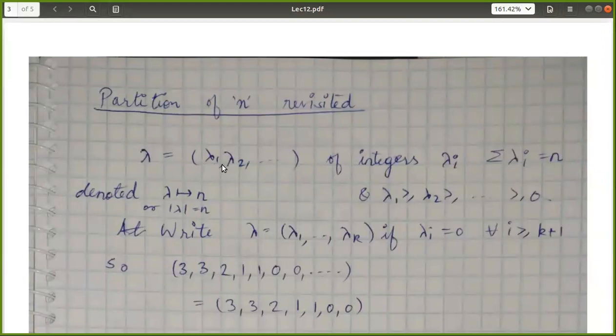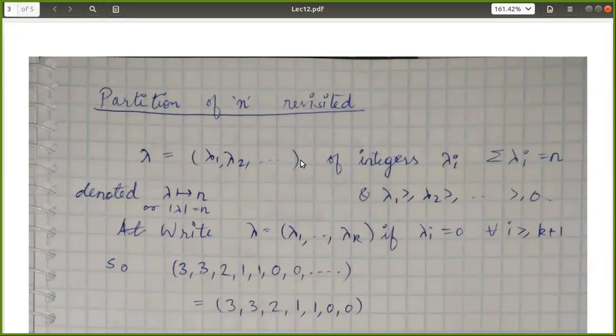It cannot happen that infinitely many terms are nonzero. And you even know that lambda i is certainly 0 for i equals n plus 1. Because the largest number of elements you can stuff in here is 1, 1, 1, 1, 1, 1, 1, 1, 1. And how many positions will that block? Exactly n positions, right?